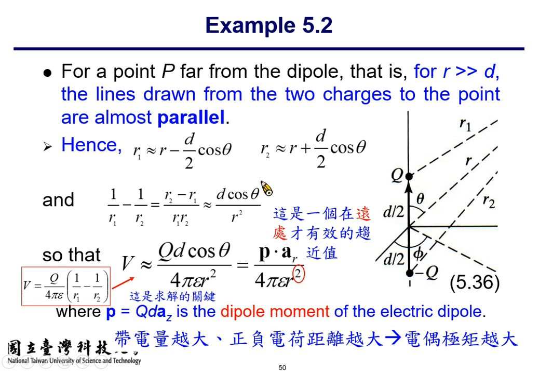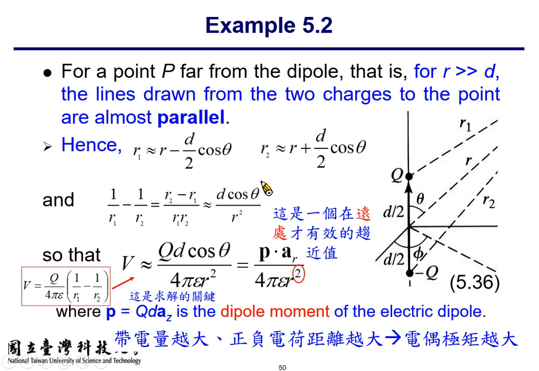So R1 can be approximated, but they are not exactly the same, okay? The approximation is only valid when R is a large number. 你说 R 怎么决定 R 是一个 large number? When R is much greater than D, then this approximation becomes valid.